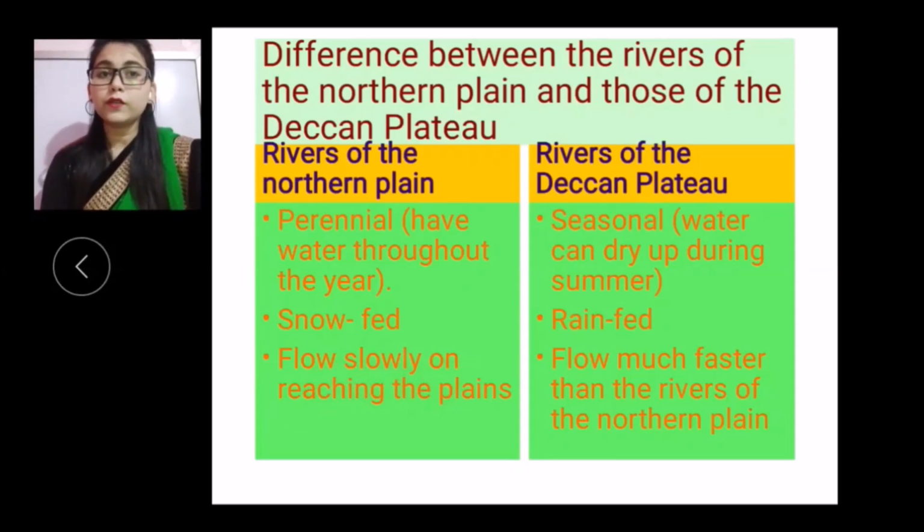The northern rivers reach the plains and flow slowly, but the rivers of the Deccan Plateau flow much faster than the rivers of the northern plains, because the land of the Deccan Plateau slopes from west to east.